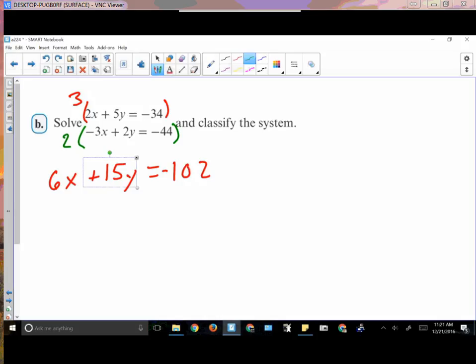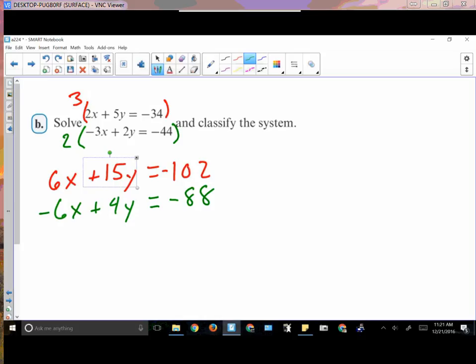Now, if I do this to the bottom, what is 2 times negative 3? That'll be negative 6. Then it's going to be plus 4y is equal to negative 88.